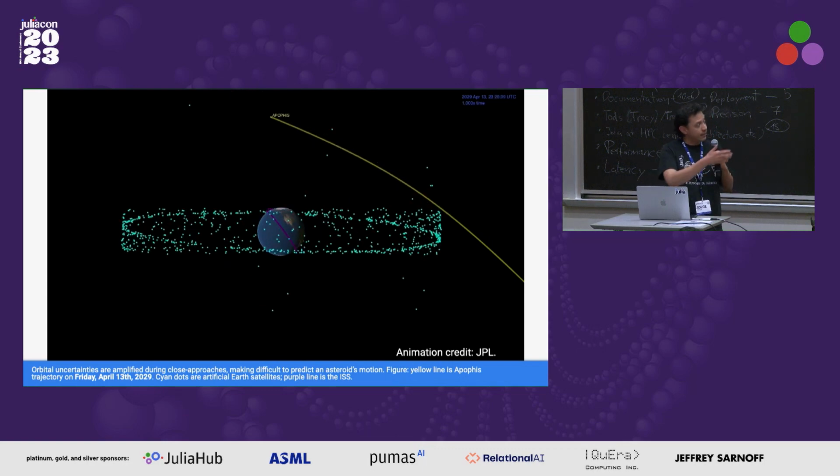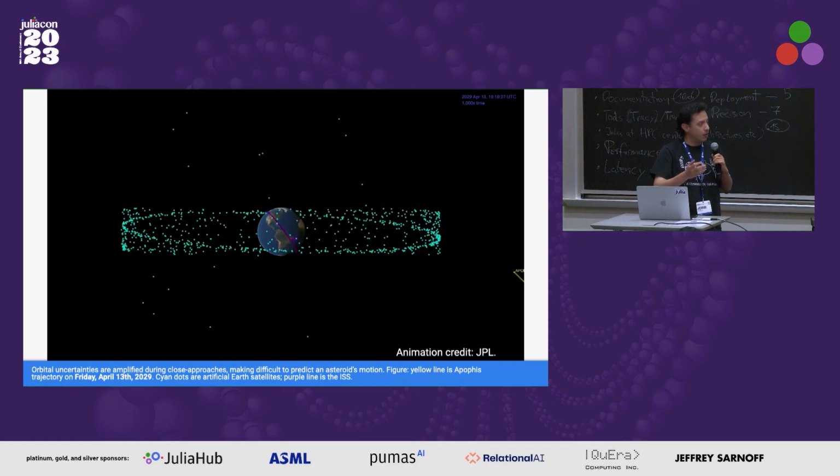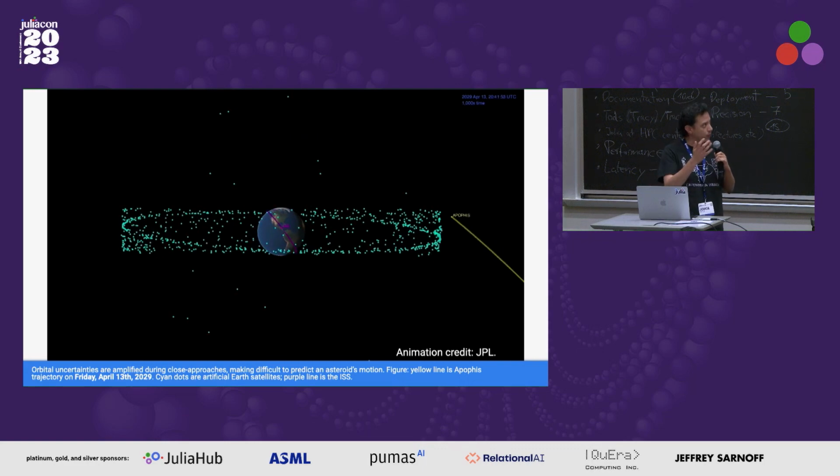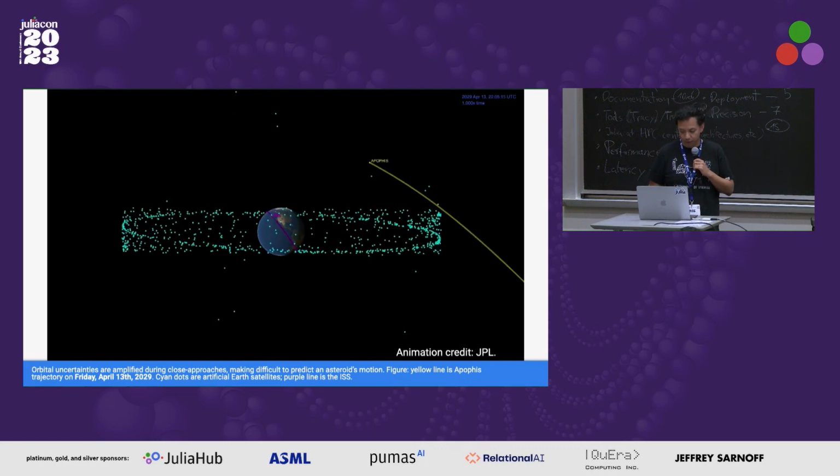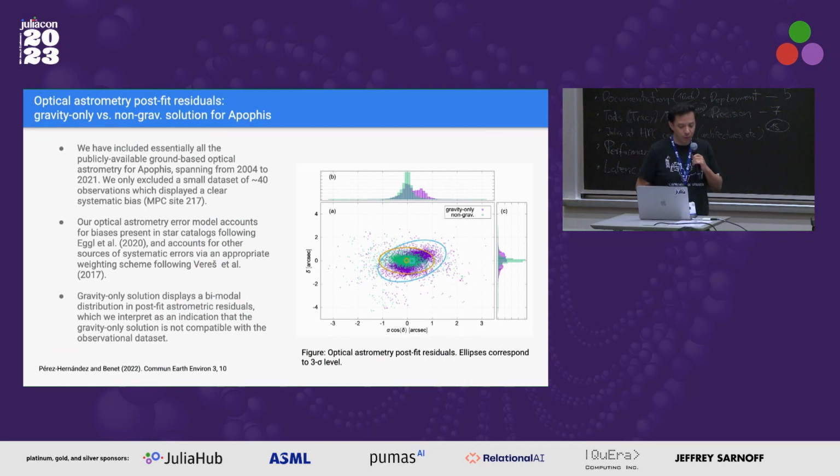And indeed, the question remained open up until very recently of whether we would have an impact later on, right? So, for example, what we did with our orbital fit to Apophis was that if we take into account only gravitational effects, then we cannot fit all the optical astrometry.